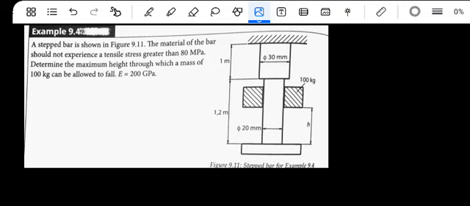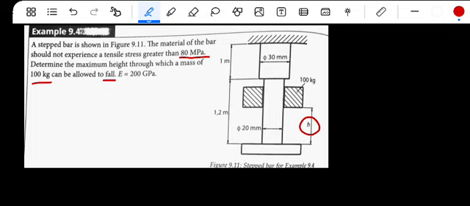The material of the bar should not have a tensile stress greater than 80 megapascal. Determine the maximum height through which a mass of 100 kg can be allowed to fall. We want to calculate the height.